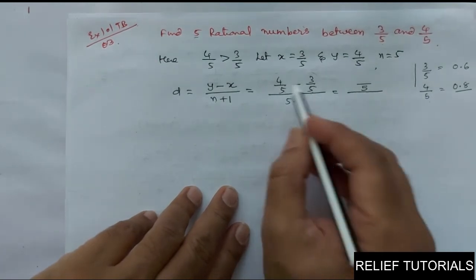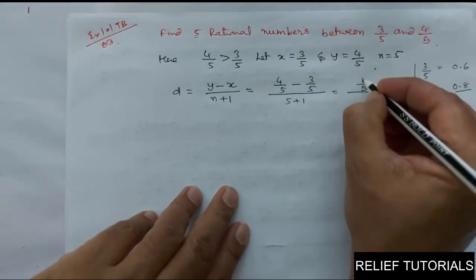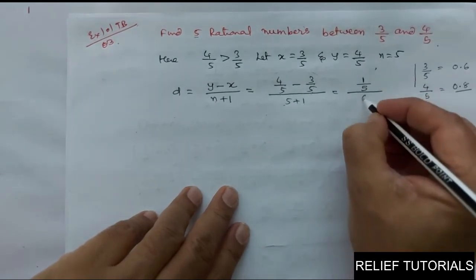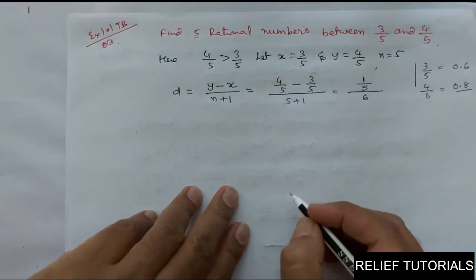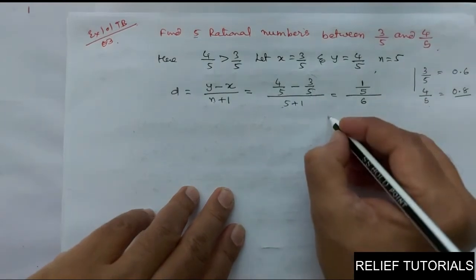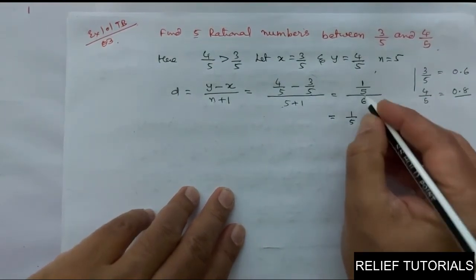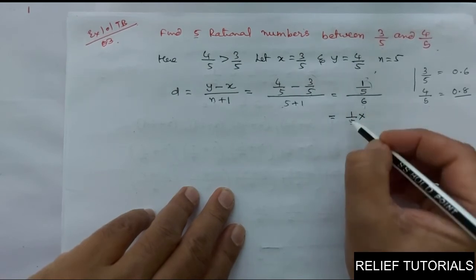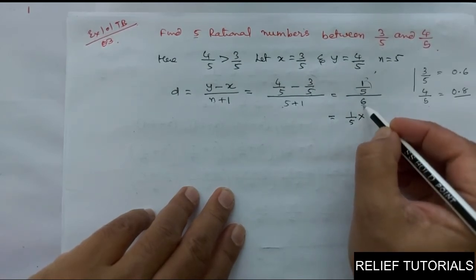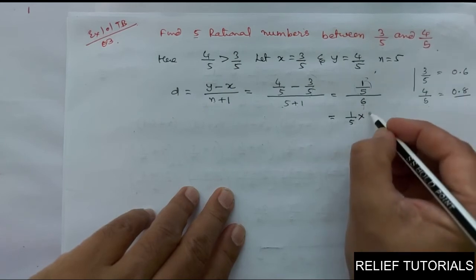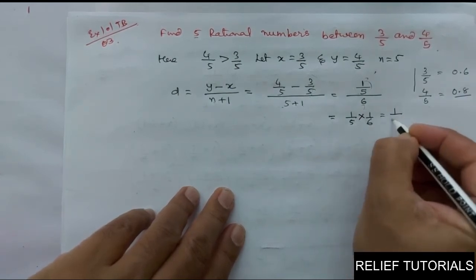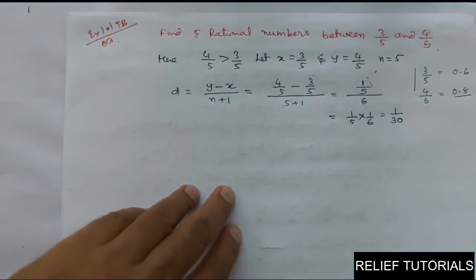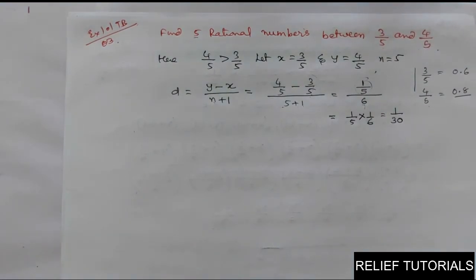So 4 minus 3, you will get 1 by 5 upon 5 plus 1, 6. That is equal to numerator 1 by 5 multiplied by the reciprocal of the denominator. The reciprocal of 6 is 1 by 6. So that is equal to 1 by 30. So d you got is 1 by 30.